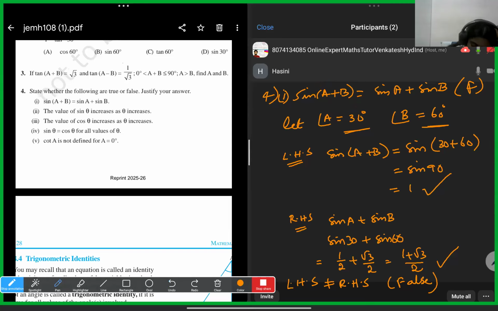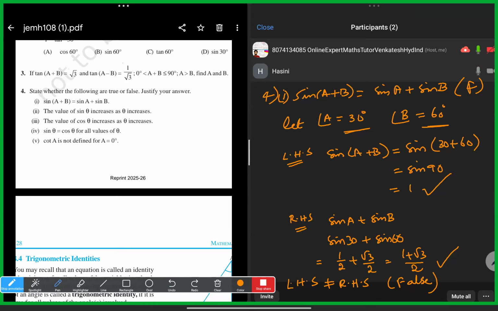In 11th and 12th, Hasni, we'll learn the values of sin 75, tan 75, cot 75 also. Then if you select 30 and 45, the sum will become 75, no? Yes, sir. Then the sin 75 value will be known to us, then not a problem. But as of now we don't know sin 75, no? So that's why we selected angles whose sum is not 75, whose sum gives only known values, like 30 plus 60, 90, sin 90 we have.